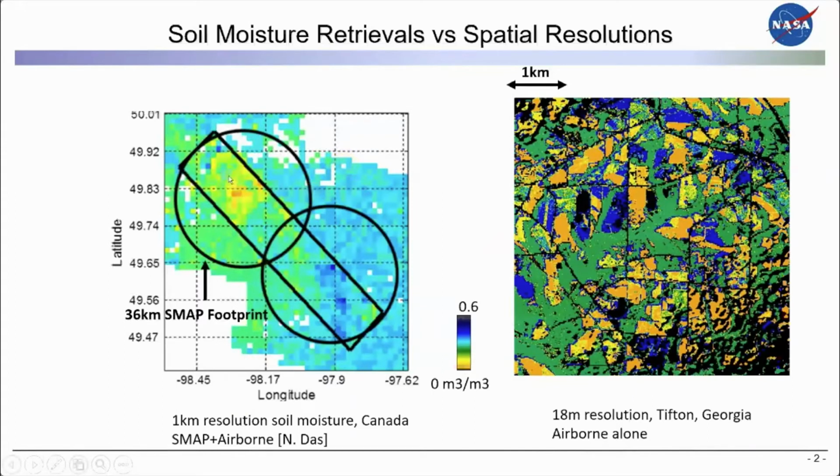We cannot quite see which field is which, but on the right is 18 meter resolution from airborne sensing over Tifton, Georgia. This is 1 kilometer, and we can clearly identify all the field boundaries. So definitely we need about 18 meter or 100 meter to clearly resolve the fields in soil moisture maps.